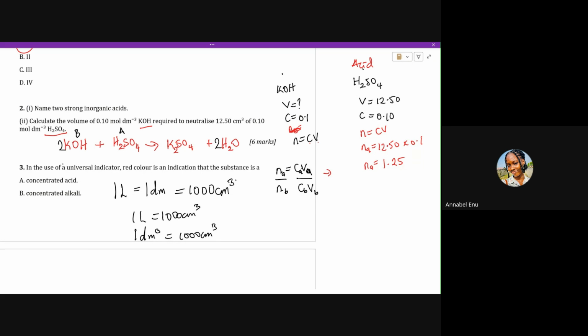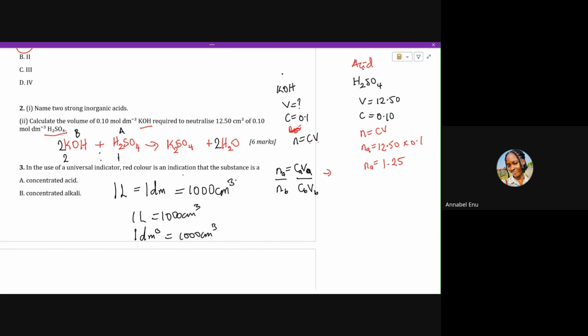Okay, so the ratio of this is 2. So if we're reacting KOH with H2SO4, in essence, what this whole thing is telling us is that we need 2 moles of KOH to get 1 mole of H2SO4. So it's a 2:1 ratio. So now we are going to relate this ratio to the number of moles of acid that we have gotten.